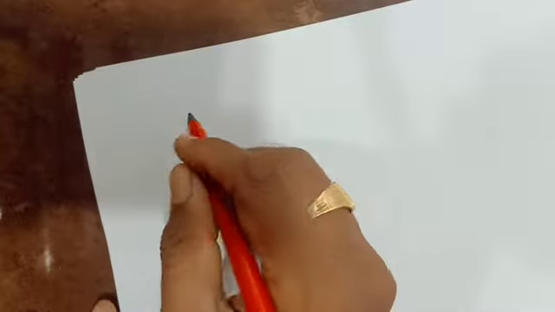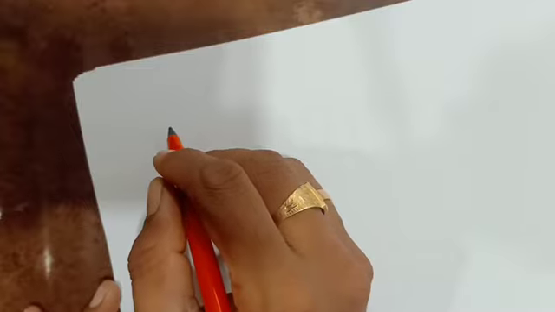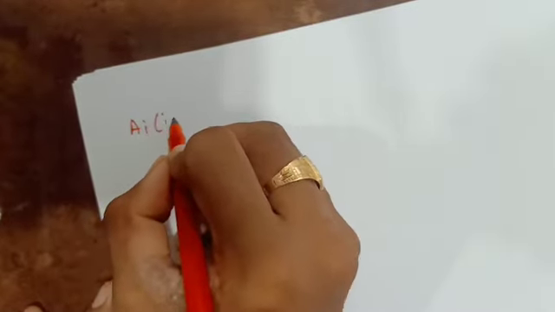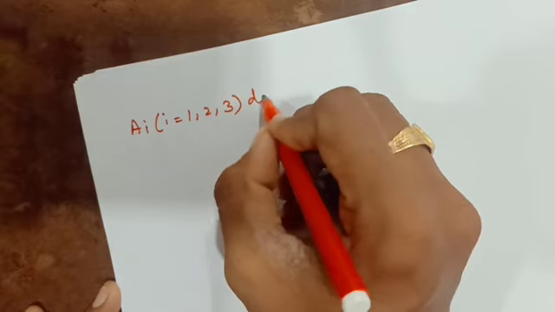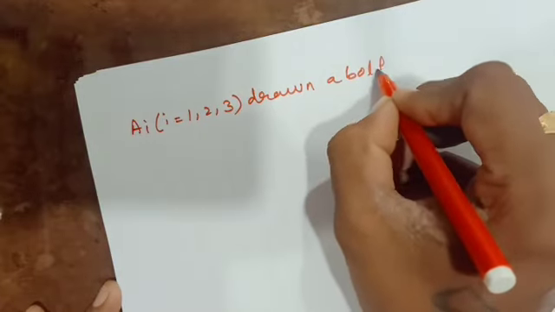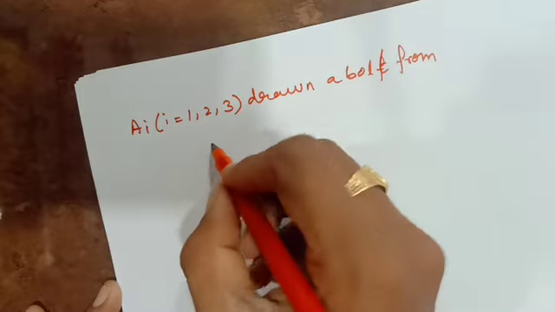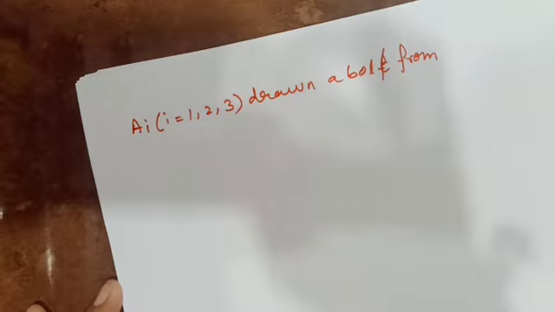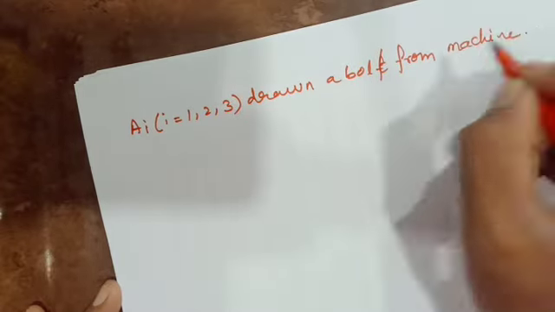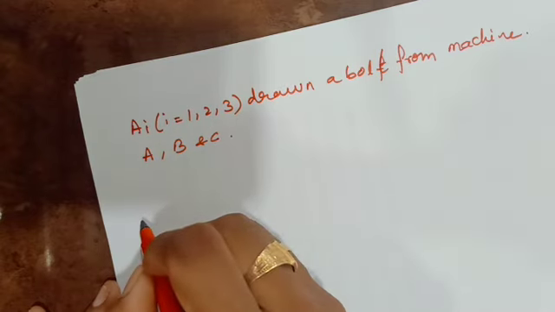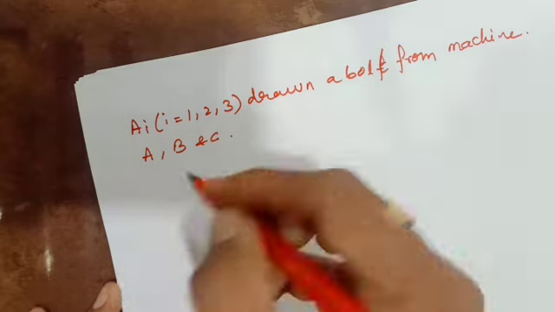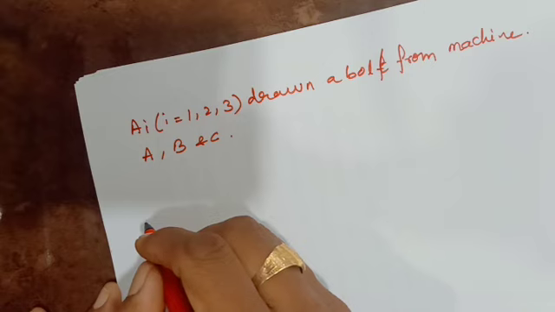Let Ai, where i equals 1, 2, 3, be the event of drawing a bolt from machines A, B and C. In the problem, machines A, B and C manufacture 25%, 35% and 40%.